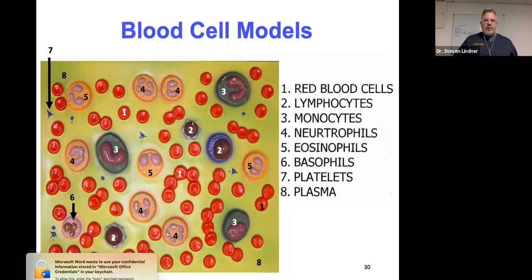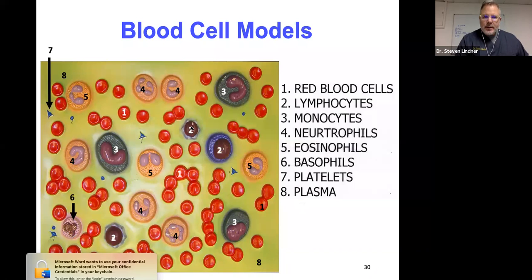Okay, so if we were to look at a model like this of the different types of components, there are red blood cells, lymphocytes, monocytes, neutrophils, eosinophils, basophils, platelets, and plasma. Let's look and find the number one. Here's the number one. Those are erythrocytes or red blood cells.